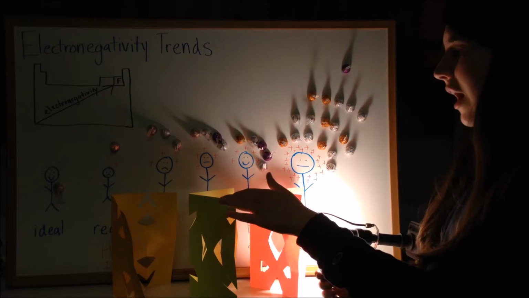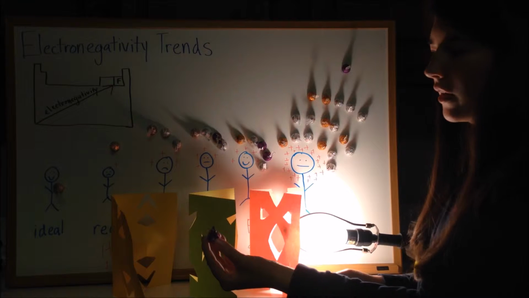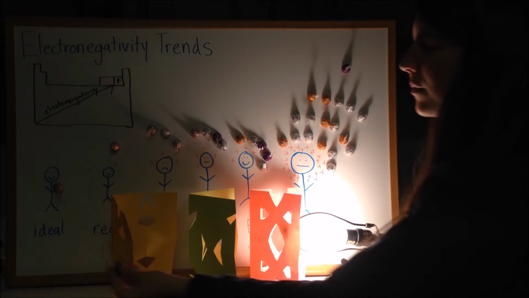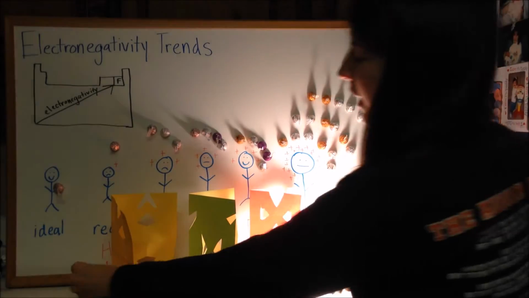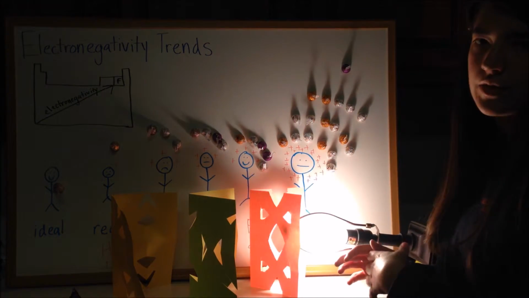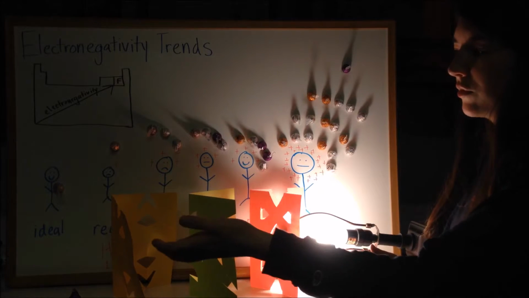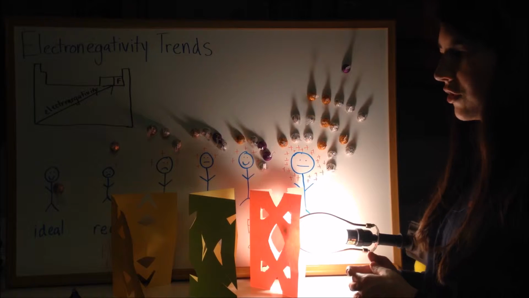But if it's blocked by all these layers of electrons, and I put another electron from an incoming atom all the way over here, it's not going to be able to attract it as well because it's blocked by all those layers. So less of its attracting power is going to reach that particular electron.